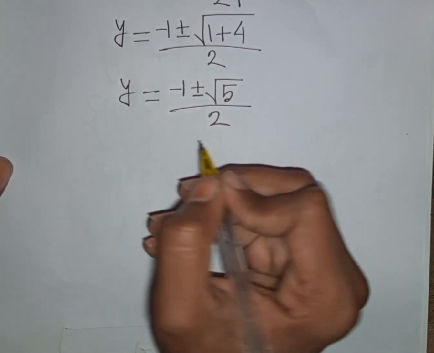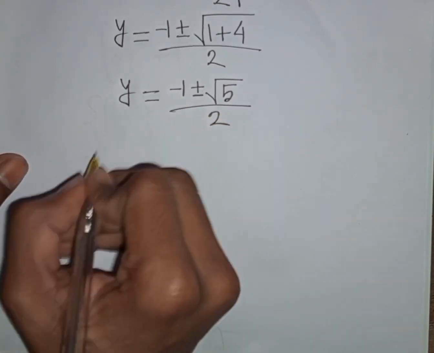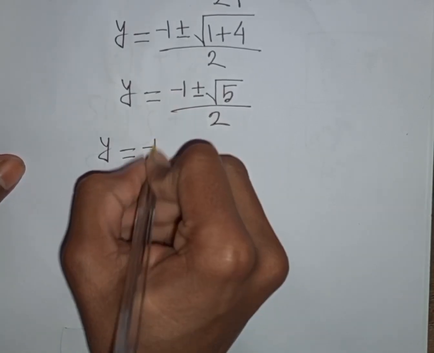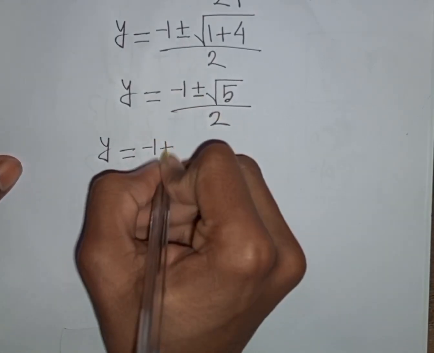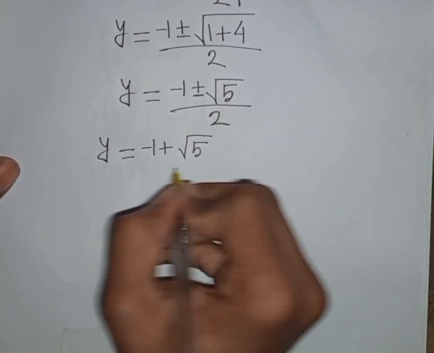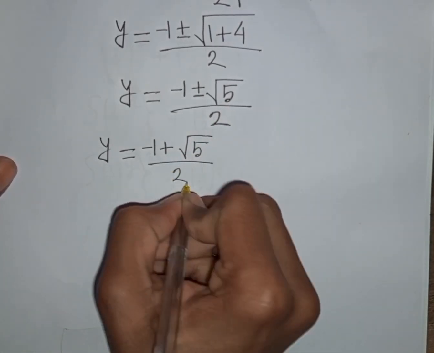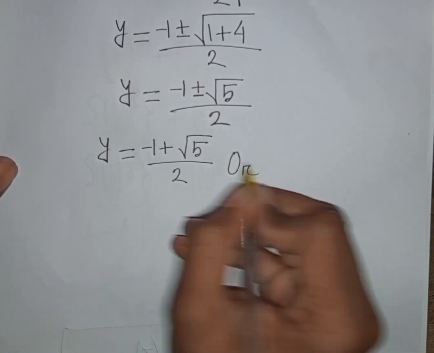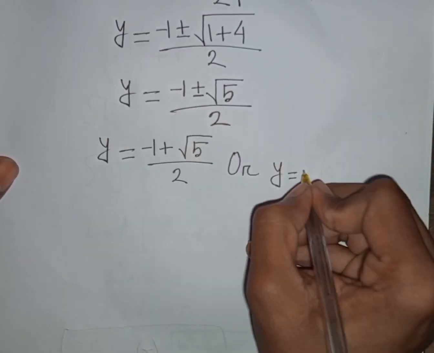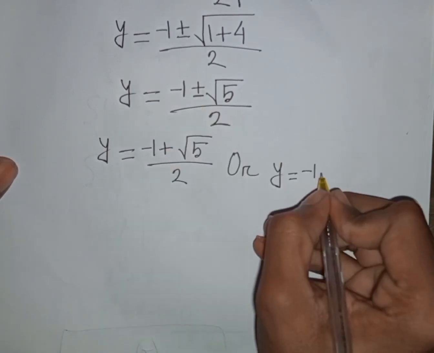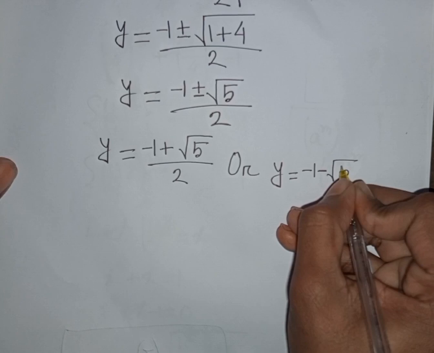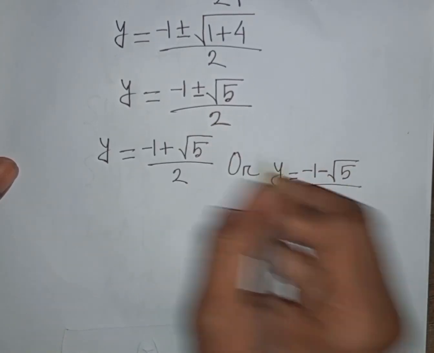Now we see here two cases, so we can write y is equal to (minus 1 plus square root of 5) divided by 2, or y is equal to (minus 1 minus square root of 5) divided by 2.